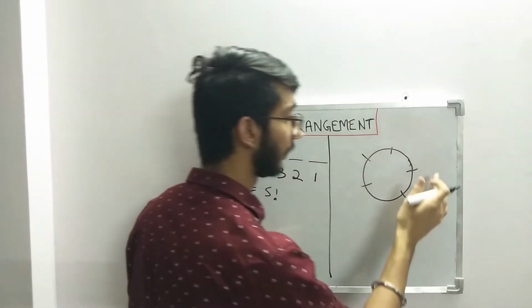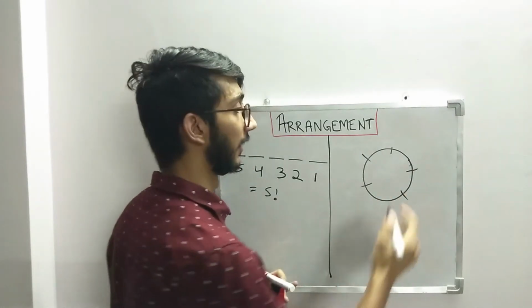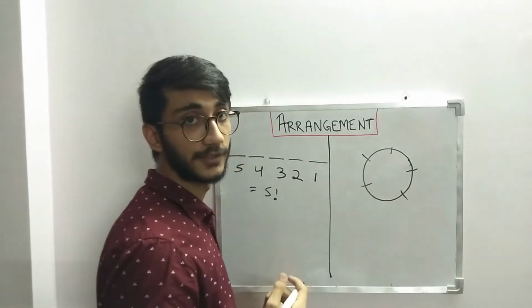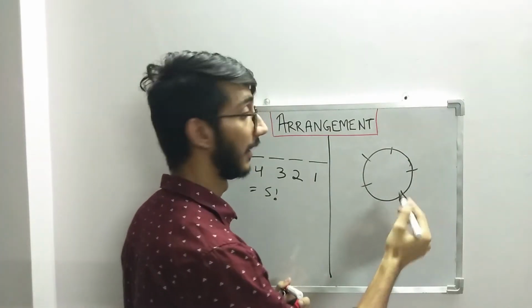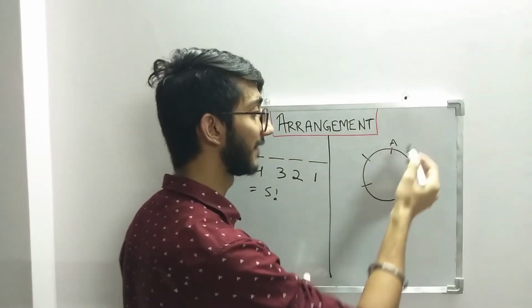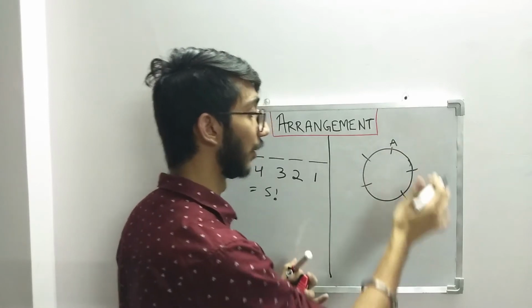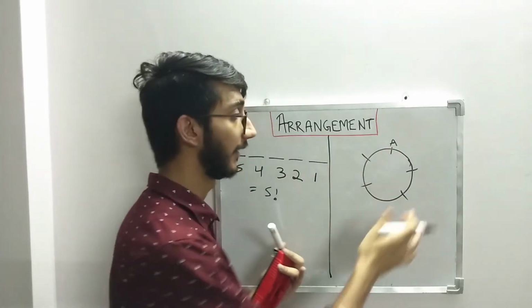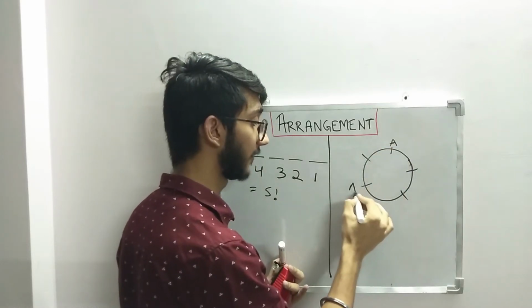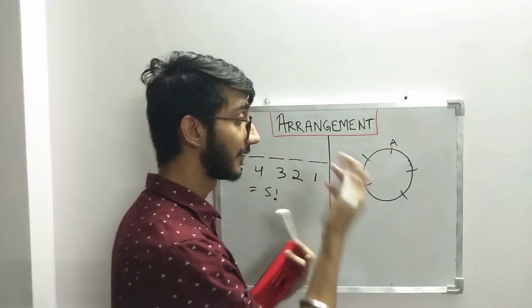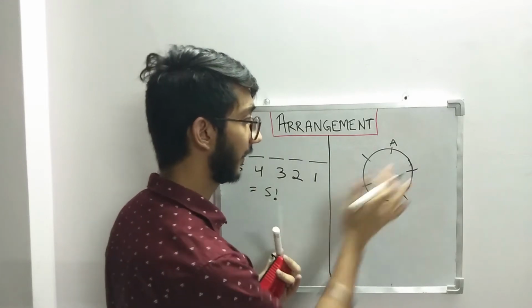But in case we have a circular seating, now if A comes and sits first, A can sit here, here, here or anywhere. But all these cases are the same because there is no starting or ending point defined in a circle. Even if A sits here or if he sits here, it is the same.